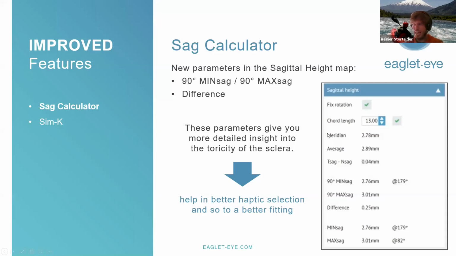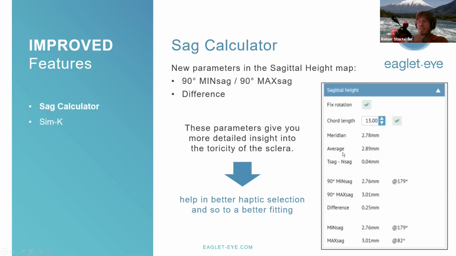But we have been cleaning it up, making it simpler and easier to understand. So in this example, I've been using a 13 millimeter chord length. Meridian, we just renamed it from meridional to meridian, just a name change. Before you could always find the value 360.